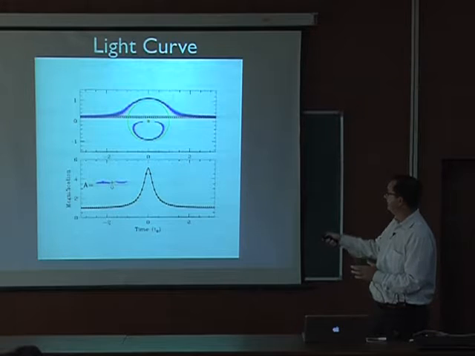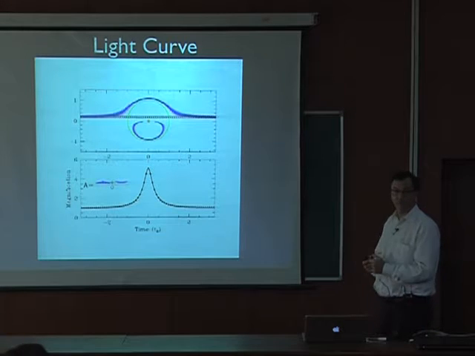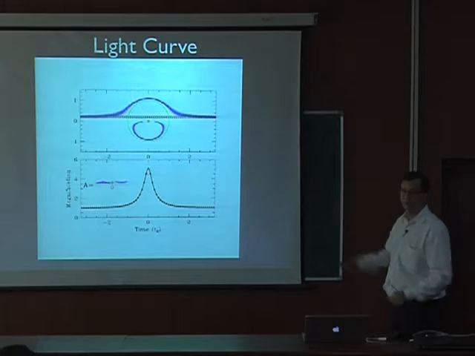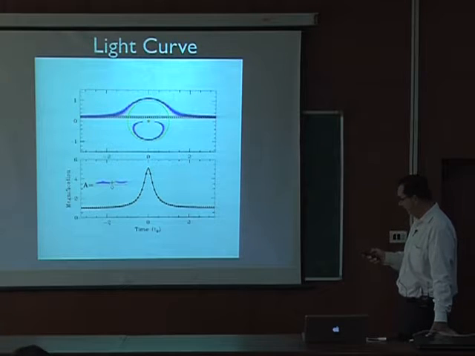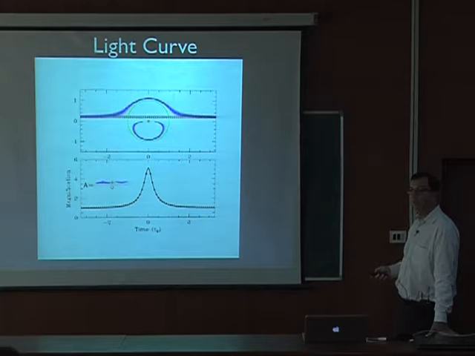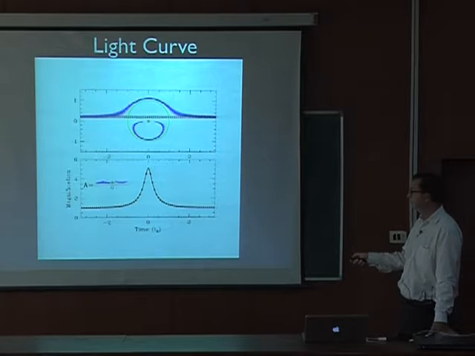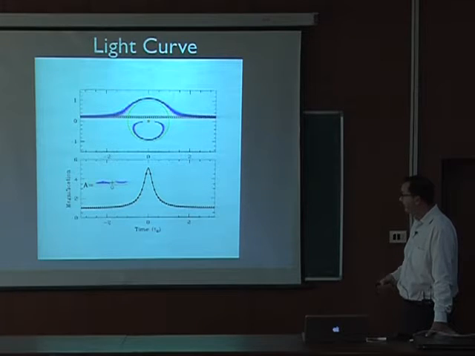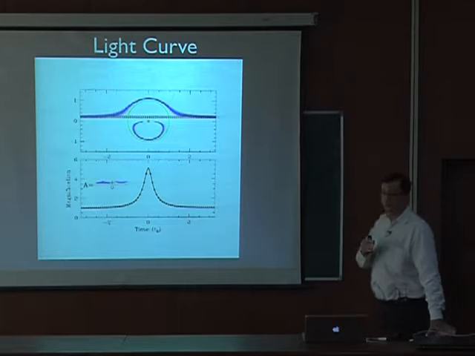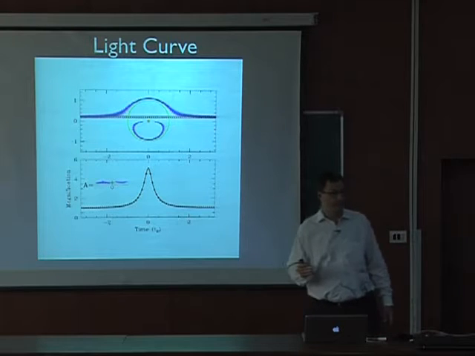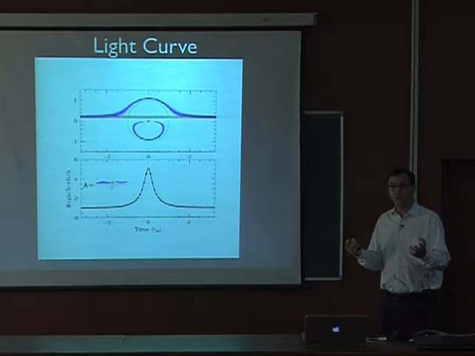So the only thing that one can see is the total flux of the image. We cannot resolve these two images. So the idea is to monitor a very large number of stars and try to look for events like this. Okay. And of course, it's difficult, not only because we need to monitor a very large number of stars, but also because there are a lot of other objects.